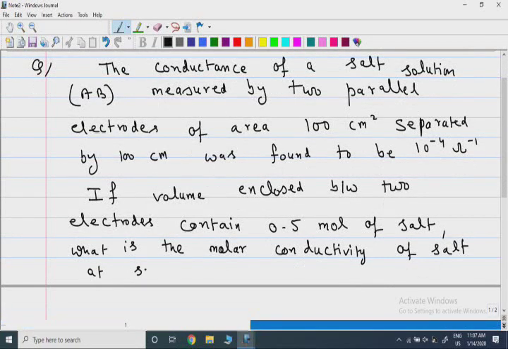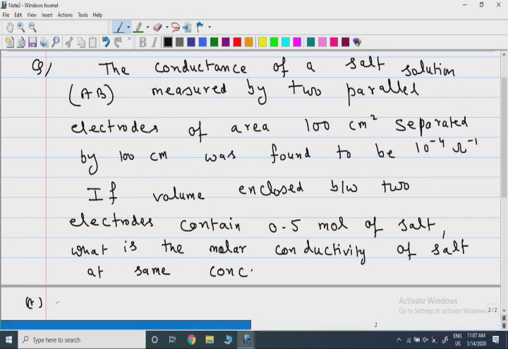at the same concentration? Options are A 0.01, B 0.02, C 2 into 10 to the power minus 5, D none of these.